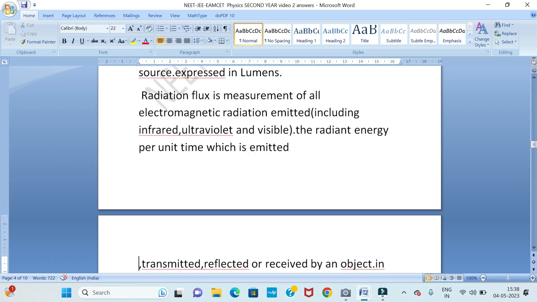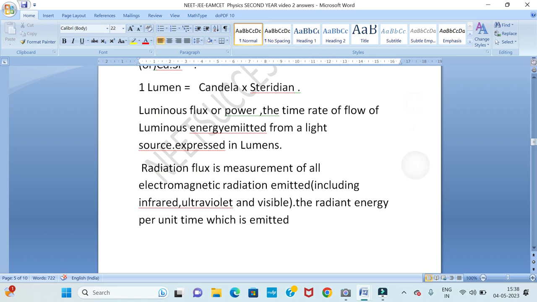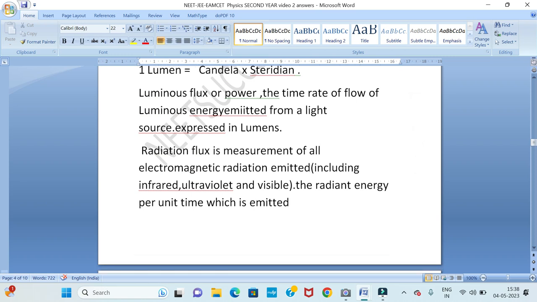Luminous flux or power is the time rate of flow of luminous energy emitted from a light source, expressed in lumens.